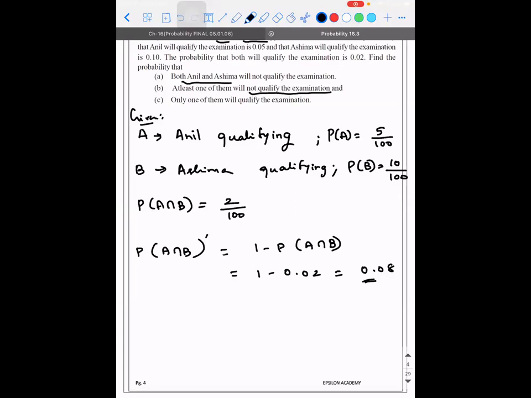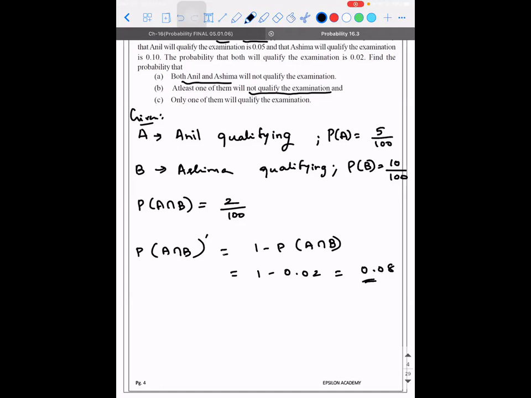Guys, tell me, what did you understand from at least one of them not qualifying? How do I mathematically write it? Sorry, I'm not able to hear. Okay. B dash and.